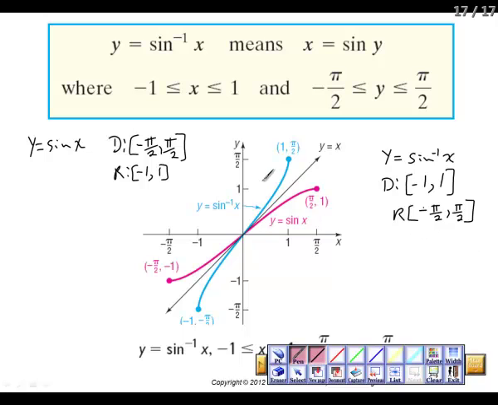Alright, and so here's our inverse, pi over 2 to negative pi over 2 for the inverse, and positive 1 to negative 1 for the inverse. So we can see that when we put in this axis of symmetry, the graphs are symmetrical about the axis of symmetry.